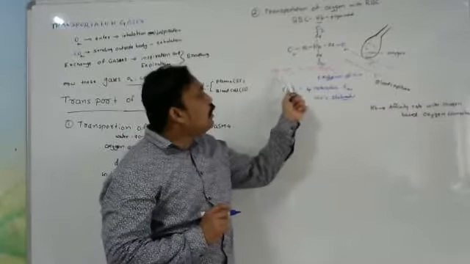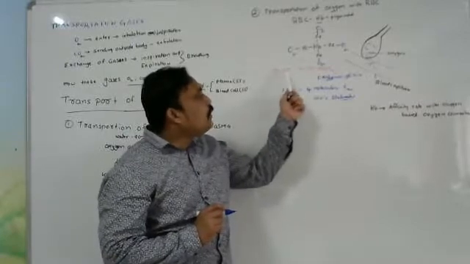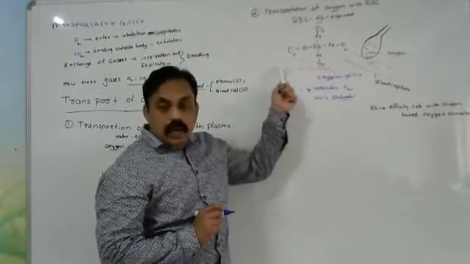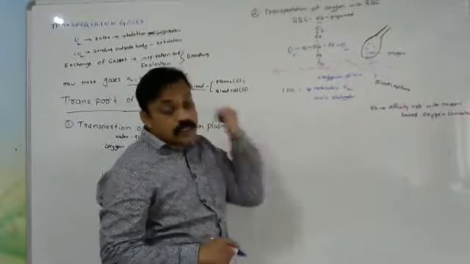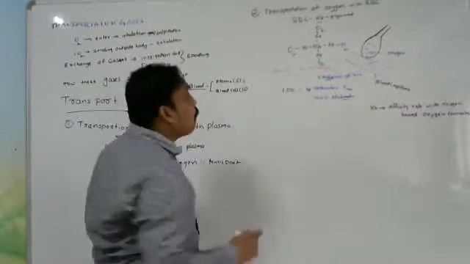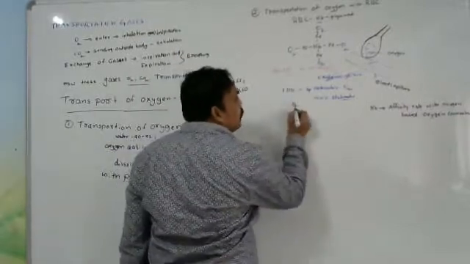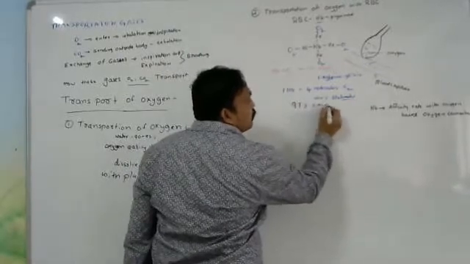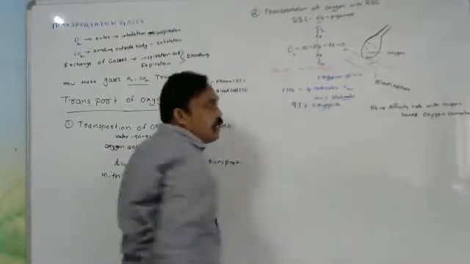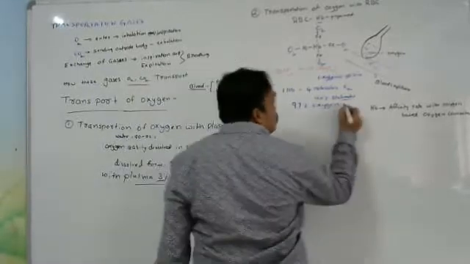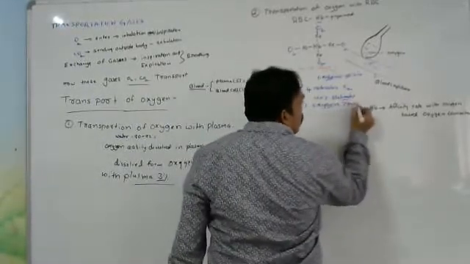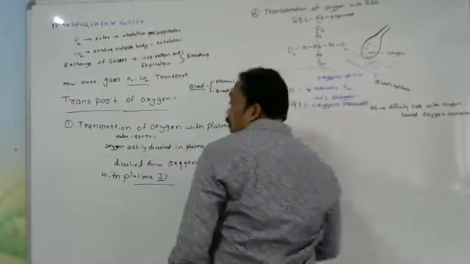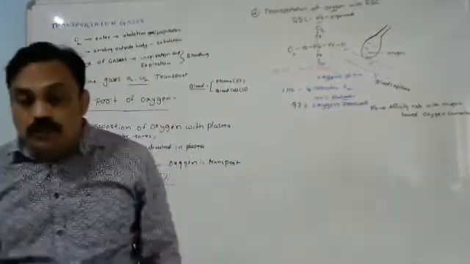So with RBC, up to 97% of oxygen is transported. Up to 97% of oxygen is transported with what?